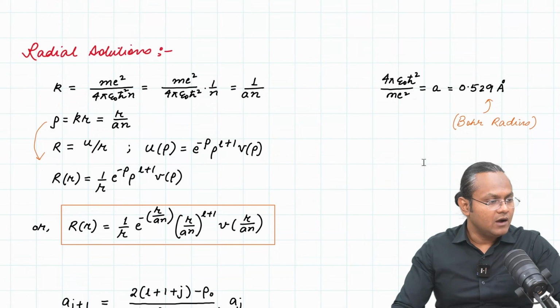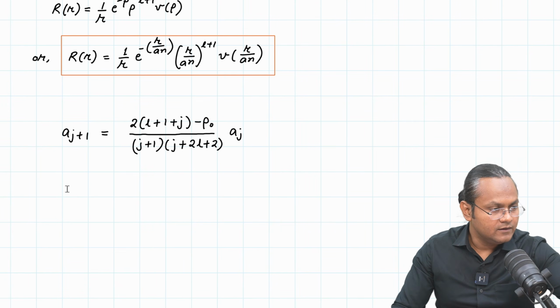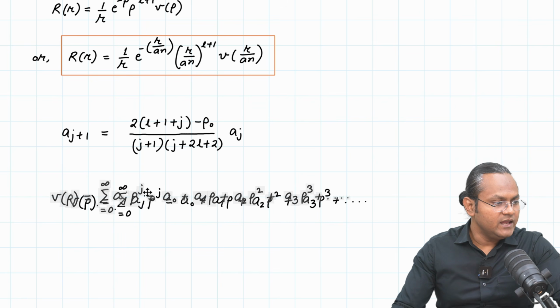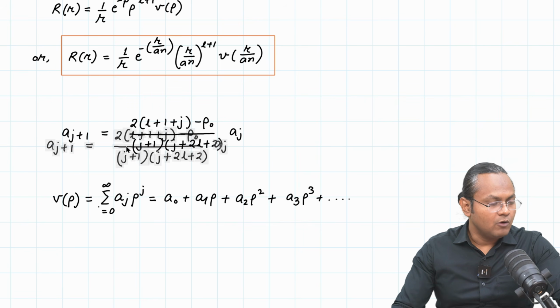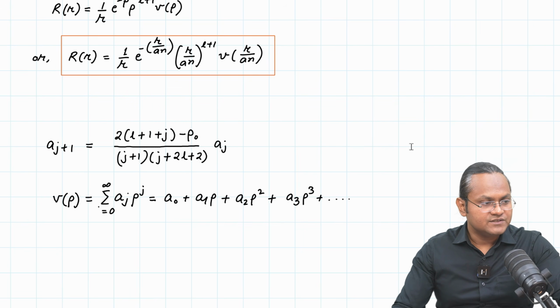So now let us see, if we have a terminating power series solution, what is the ground state solution that we can obtain? Now, when does the power series solution terminate?